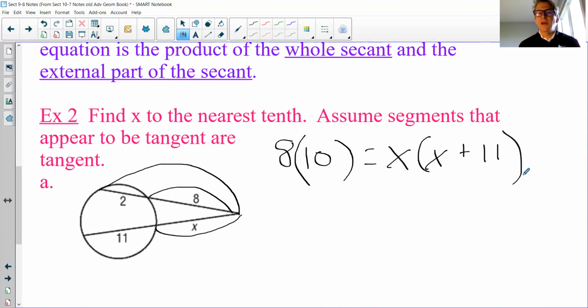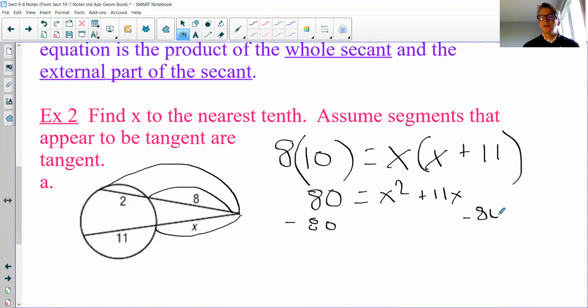Let's do some solving for x. All right, 80 is equal to x squared plus 11x. Now we're going to subtract 80 from the left and the right side. Subtract 80, subtract 80, and you have 0 is equal to x squared plus 11x minus 80.